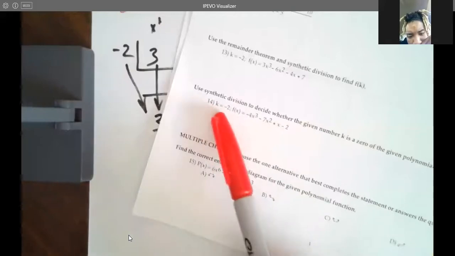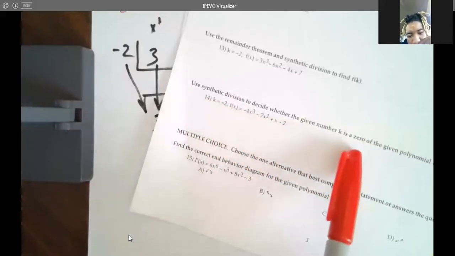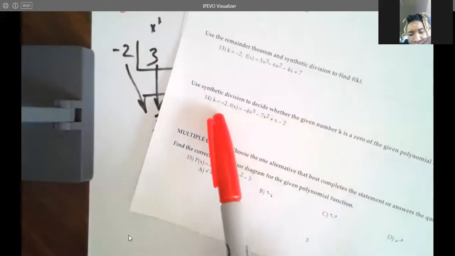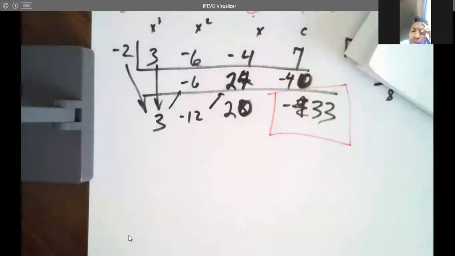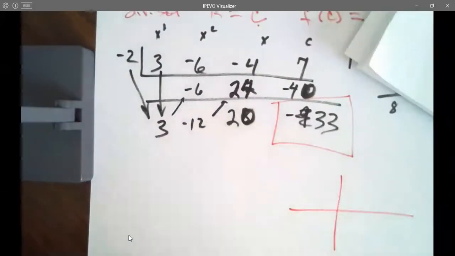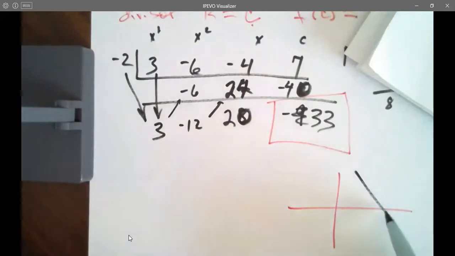Oh, it says here, use synthetic division to decide whether the given number k is a 0. Now, if you put negative 2 into this polynomial and you get a 0 out, that means it's a 0. So in other words, what that means is wherever your graph intercepts the x-axis, that's a 0.